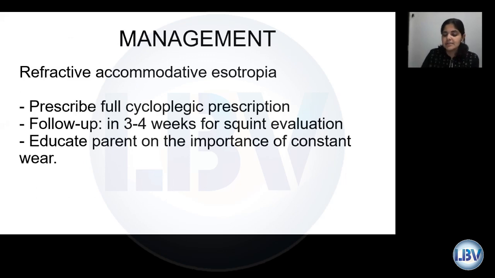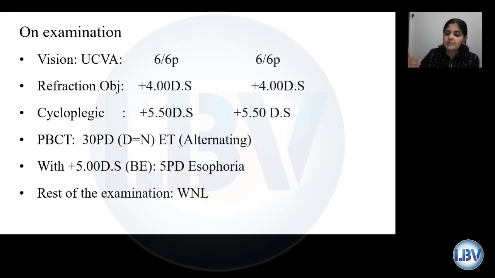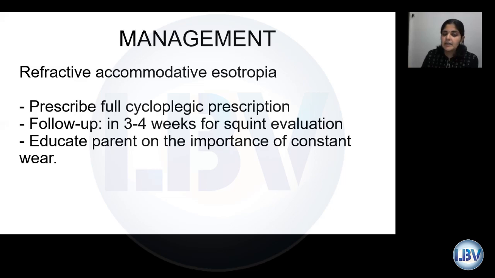Management here: in this particular case, wherein the tropia comes down to a phoria, and since the tropia is equal for both distance and near, it is indicative of a refractive accommodative esotropia. And here it is enough if you just prescribe the full cycloplegic prescription, and then do a follow-up after 3 to 4 weeks for squint evaluation, primarily because it takes some time for the squint to settle down after the prescription.